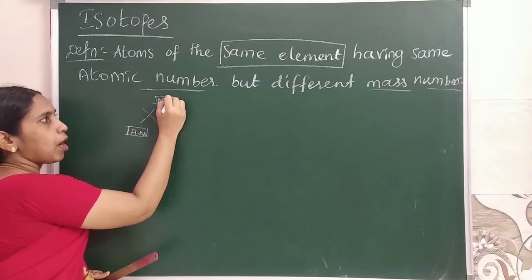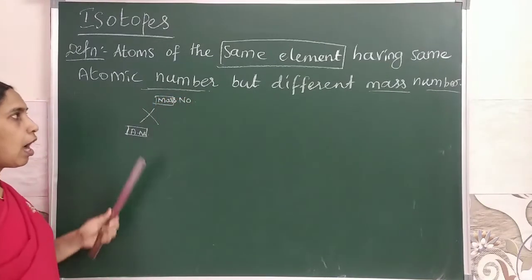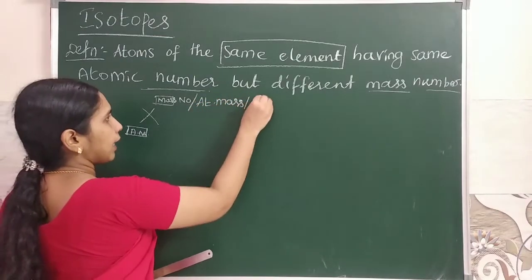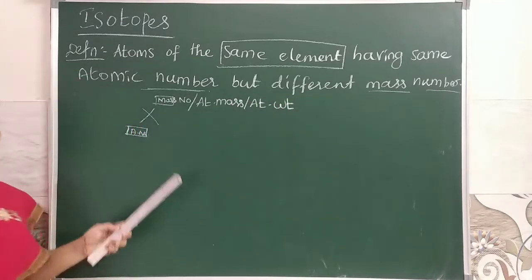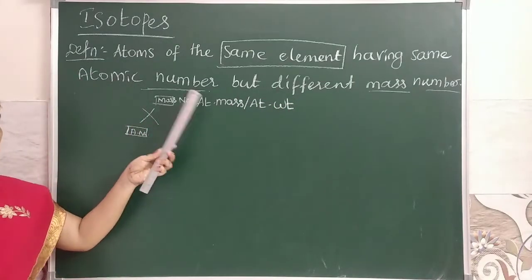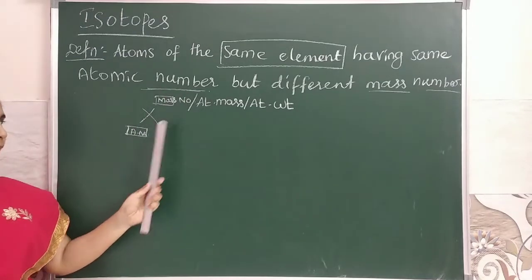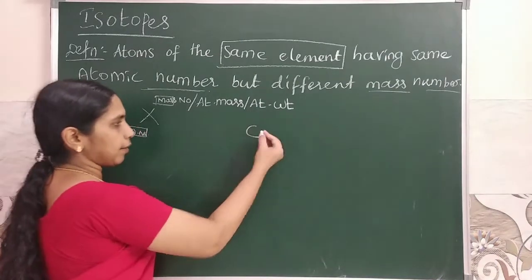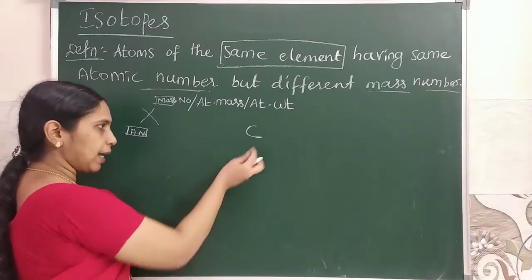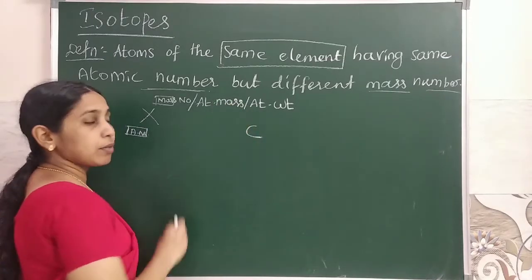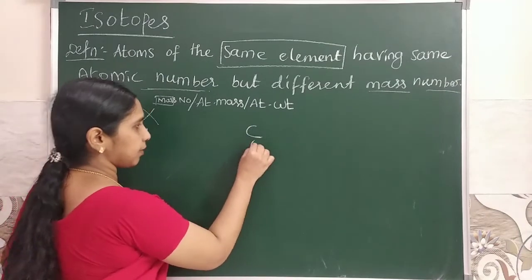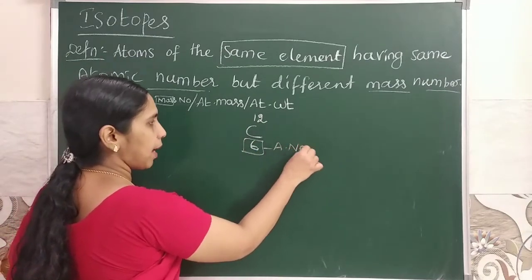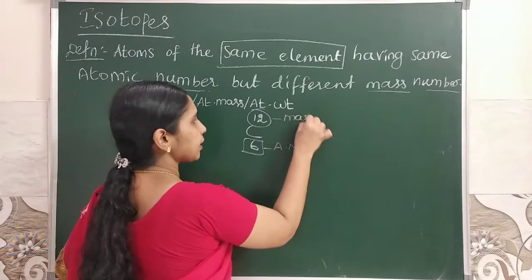Mass number, atomic mass, and atomic weight, these three words are the same. For example, carbon: the element is carbon, here you write the atomic number 6, and here the mass number 12. 6 is the atomic number and 12 is the mass number.